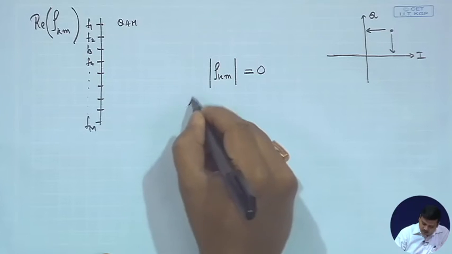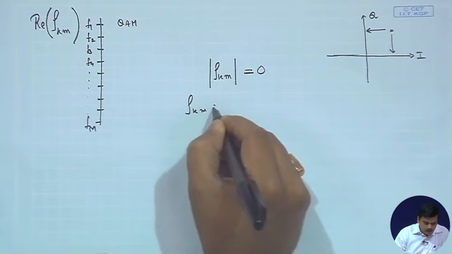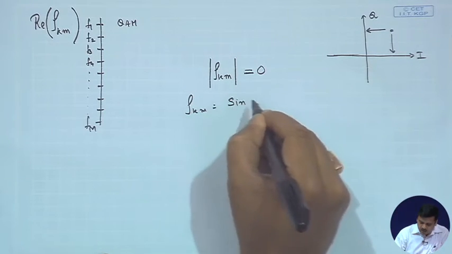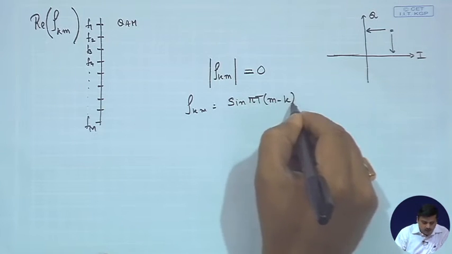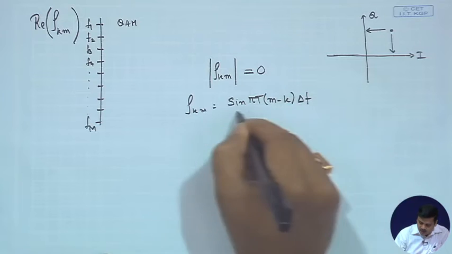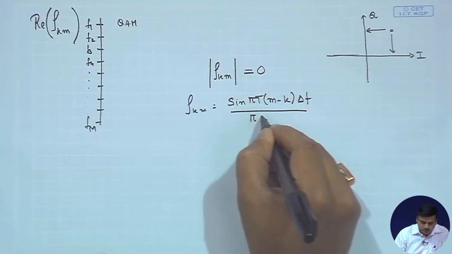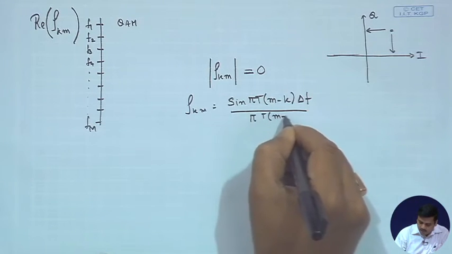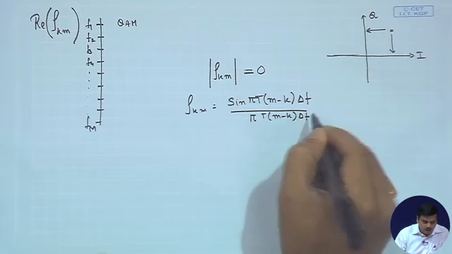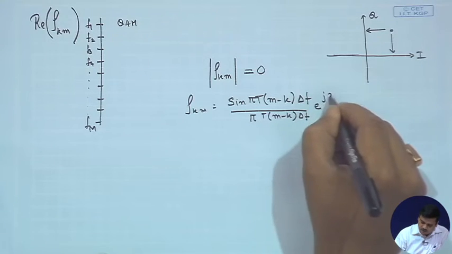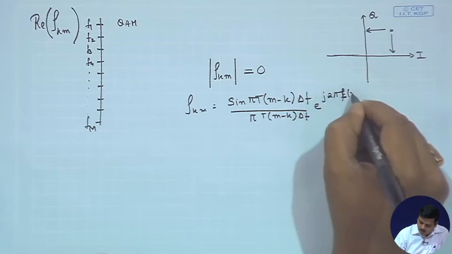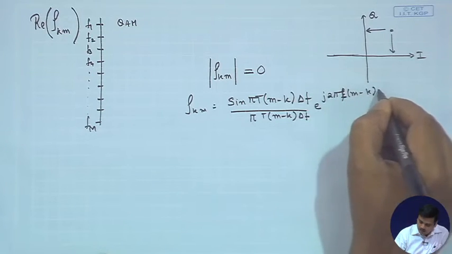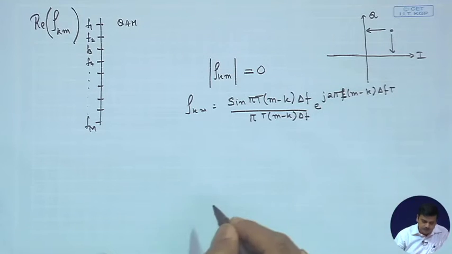So, if you look at the signal, rho km is given as sin pi (m minus k) delta f t upon pi (m minus k) delta f t, into e to the power of j 2 pi (m minus k) delta f t.